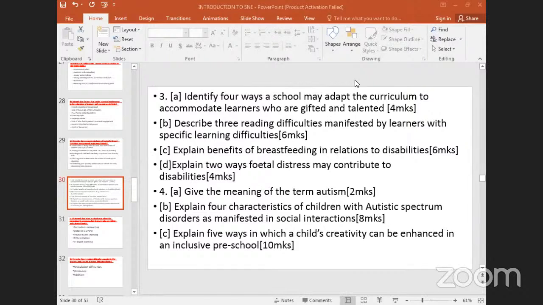Yes, where now the learner looks at letter P, and to him or her that is 9. That is the inversion of the letters. Now that means that the learner has poor mastery of the letter shapes and even the sounds.